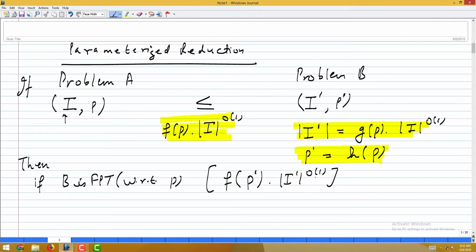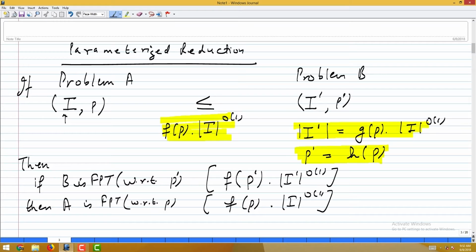Then my claim is if B has an algorithm that runs in this much time, then A is FPT with respect to parameter P. That means A has an algorithm that runs in time some f of P into polynomial in n. Again, as I said, these f's might not be the same. All I want to say is, let me just write f prime here and f here. Okay.